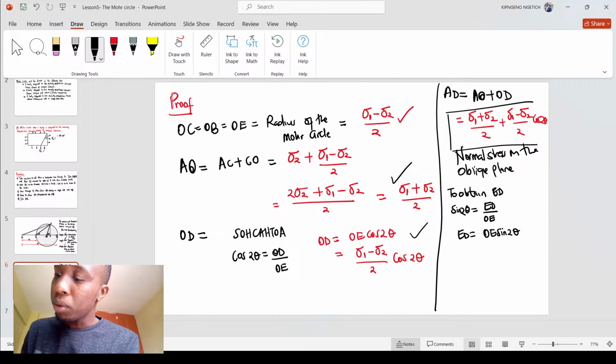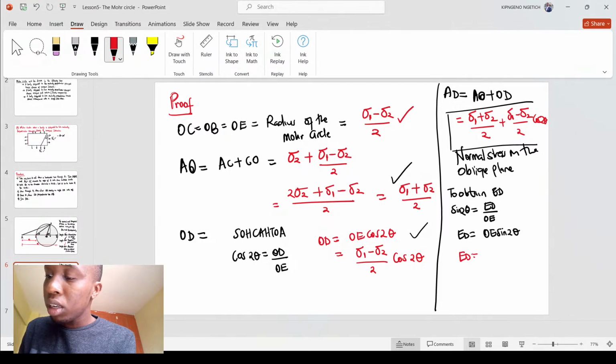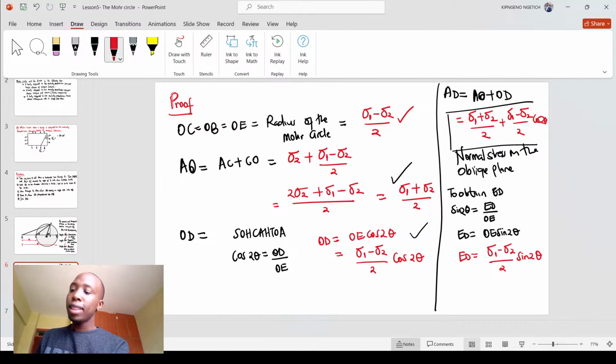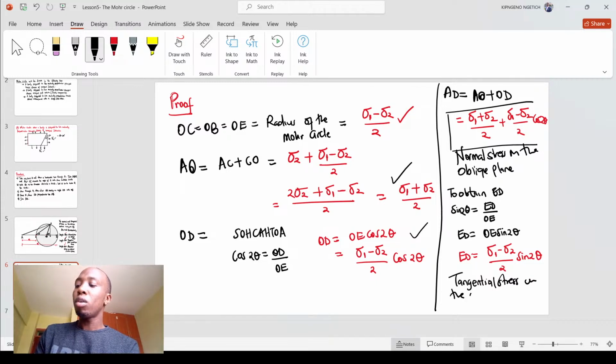It also goes without saying that since OE is the radius of the circle, ED will be equal to stress 1 minus stress 2 over 2 sine 2 theta. That is the tangential stress on the oblique section. So I can write this is the tangential stress. You can confirm with what we had in our calculations. Tangential stress on the oblique section, oblique plane.